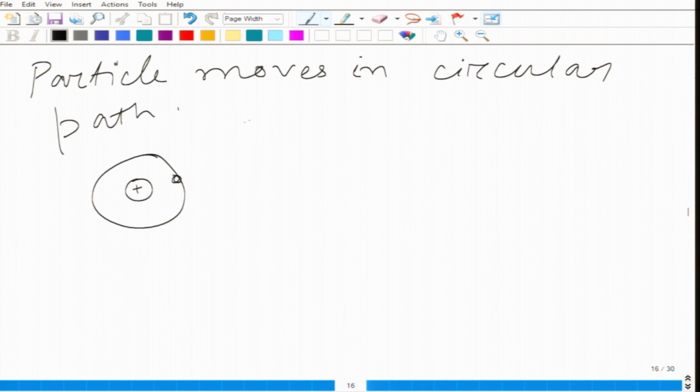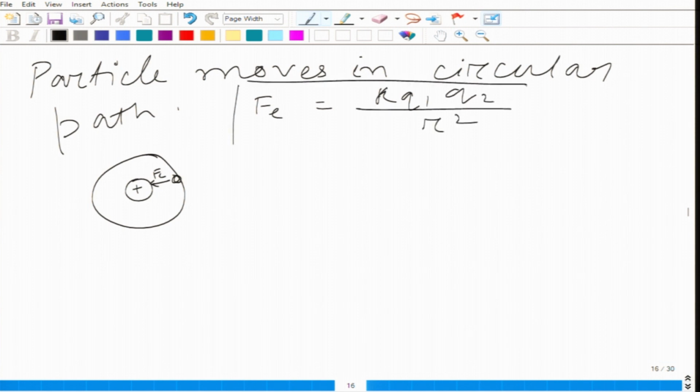Between the nucleus and the electron there is the electrostatic force. This is the electrostatic force. And there is another force that is called the centrifugal force.